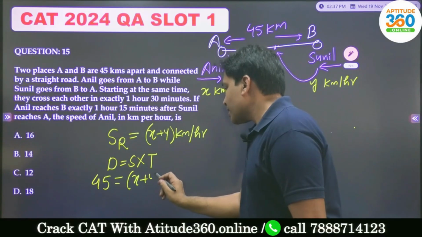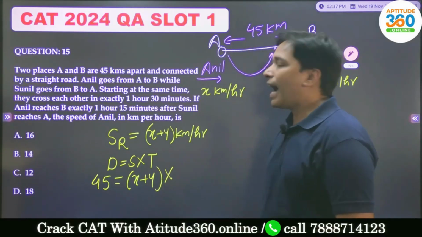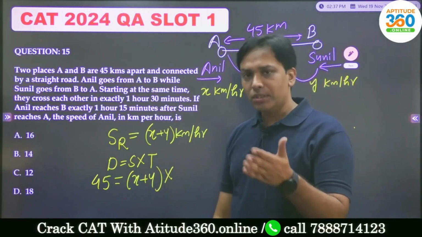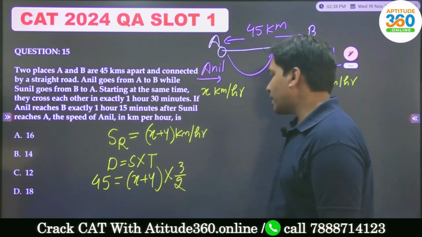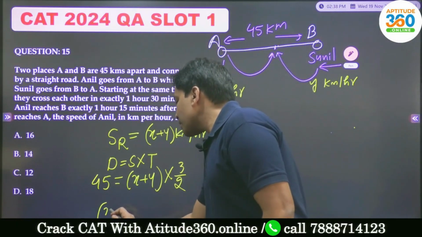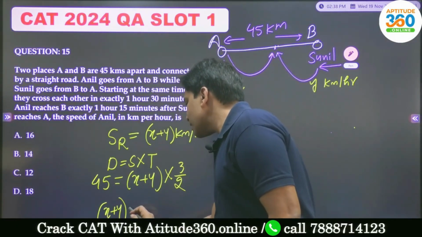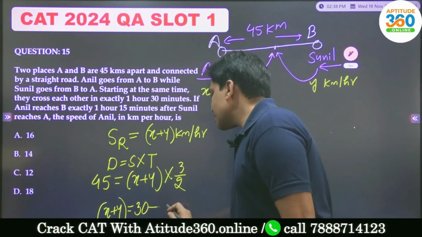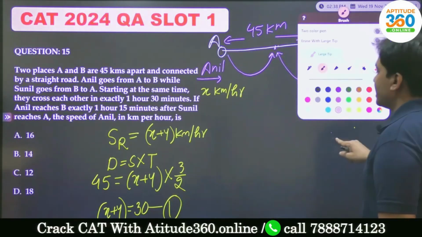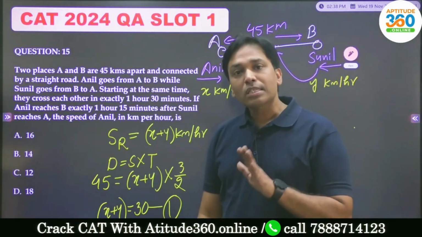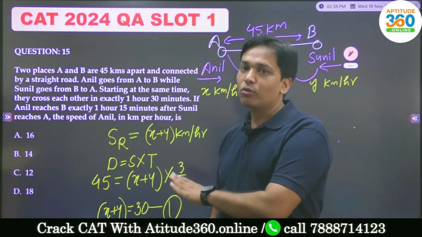The collective relative speed is x plus y, and the time that they are taking is 1 hour 30 minutes. You convert this into hours, it will be 3/2 hours, 1.5 hours. So what is the value of x plus y? The value of x plus y that I have got is 30. Let us say this is our equation number 1. So even though we do not know their individual speeds, at least we know the sum of their speeds, that is coming out as x plus y.